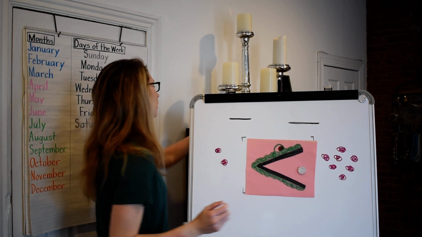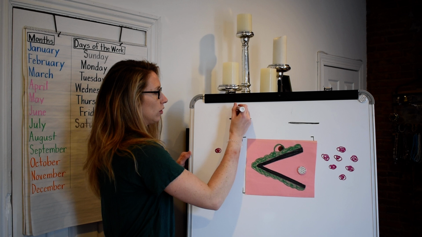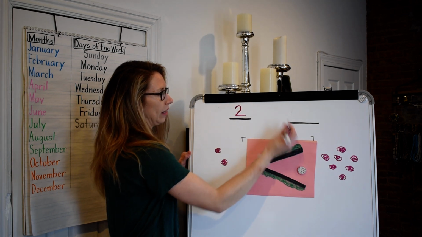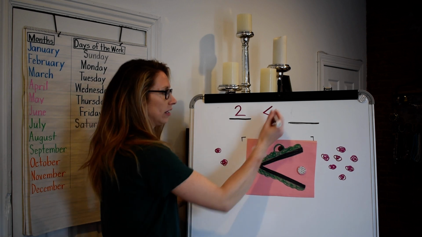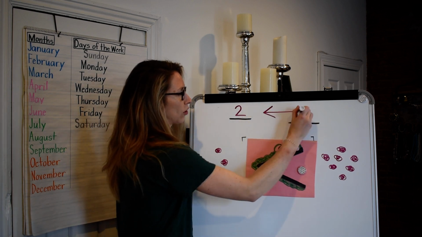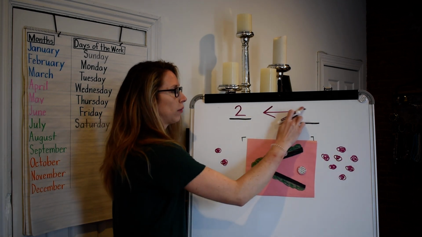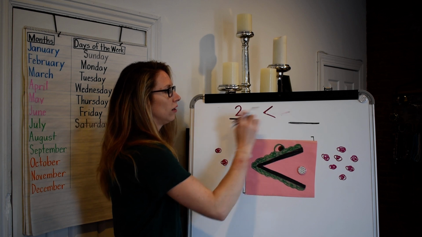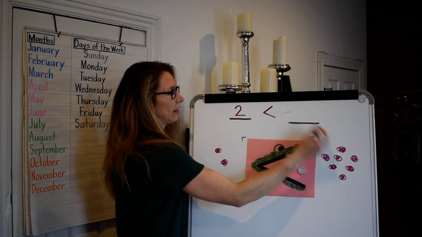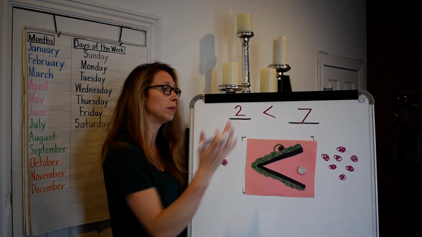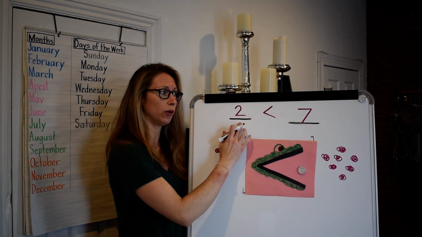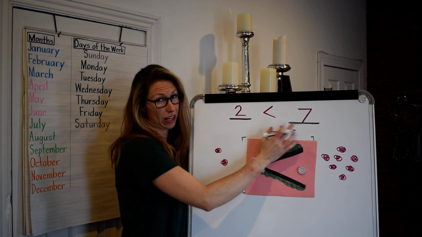So, what that looks like is 2. We want to make, this is like a sideways V when you're drawing it. It's like a sideways V. It'd be like if you were drawing an arrow, but without the line. So, the 2, and then the 7 goes on this side. If we're reading this number problem left to right, we would say, is 2 greater than 7?